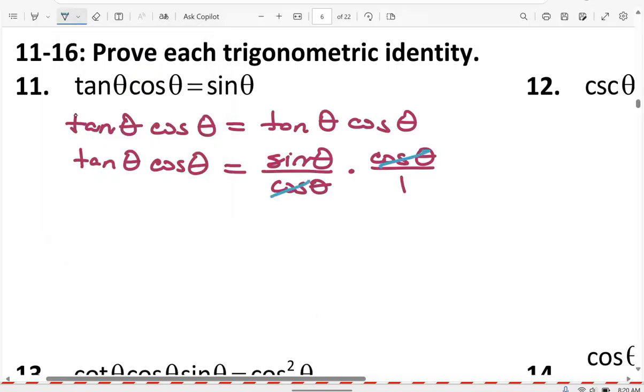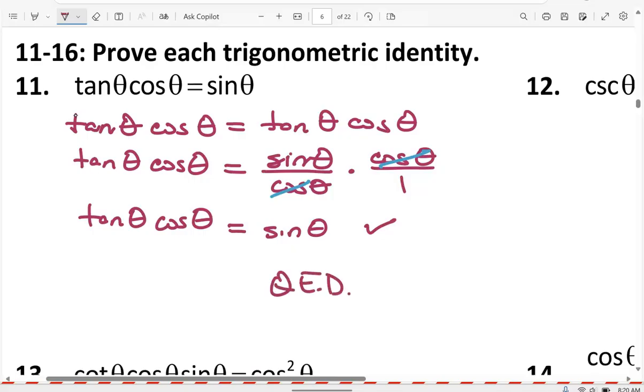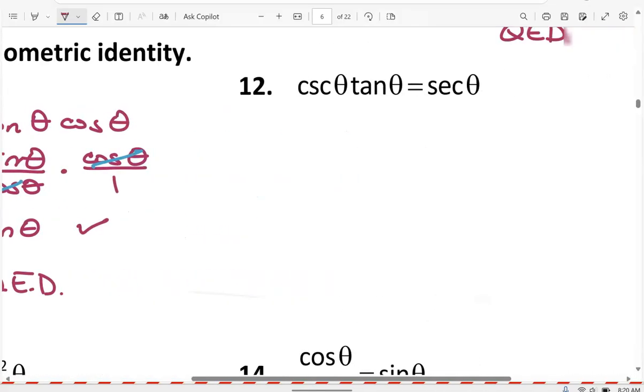Now I can cancel common factors, and the right side of the equation will turn into sine of theta, and I'm just going to leave that left side. And now we have the statement that we're trying to prove. So I'm done. QED stands for quod erat demonstrandum in Latin, which means basically I've shown you what needed to be proven, and you can write that or not. That's a stylistic choice on your part.